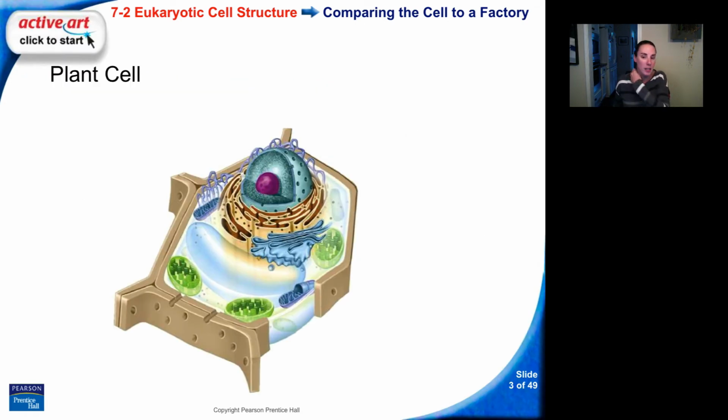So here's a plant cell and some of the structures that we're going to go over. We're going to go over the nucleolus, which is inside the nucleus, the smooth endoplasmic reticulum, rough endoplasmic reticulum, cell wall, cell membrane, chloroplasts, vacuoles, mitochondrion, Golgi apparatus, ribosomes attached and ribosomes free, and the nuclear envelope.